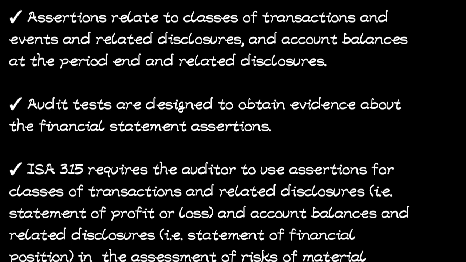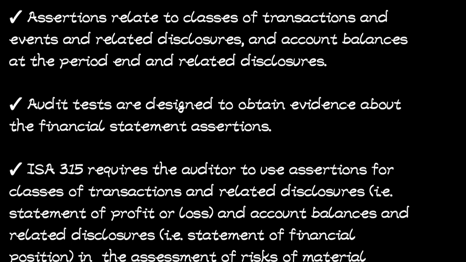Assertions that relate to classes of transactions, events, and related disclosures, those are items that are represented in the statement of profit or loss and other comprehensive income. Then we shall have assertions that relate to account balances and related disclosures, those that are represented in the statement of financial position or balance sheet.